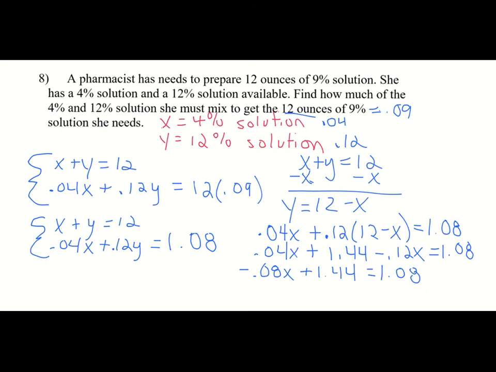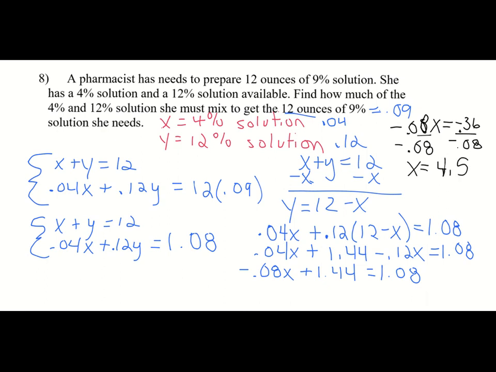And when I do that, I'm going to move into black up at the top because I'm running out of space. When I subtract 1.44 from both sides, I get negative 0.08x is equal to negative 0.36. Sorry, my pen is not writing very well today. Divide by negative 0.08. And we get x is equal to 4.5.